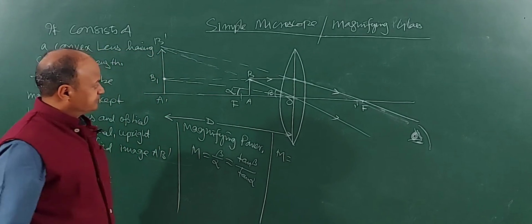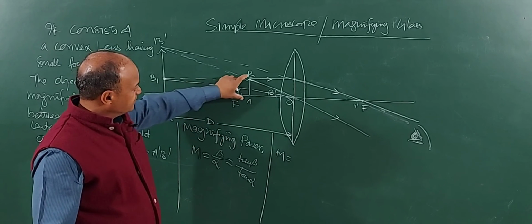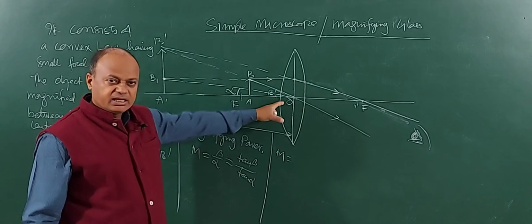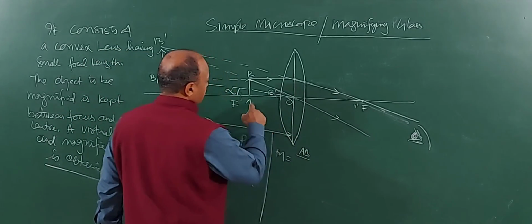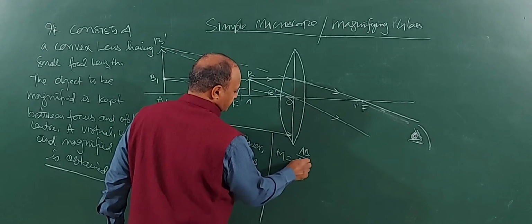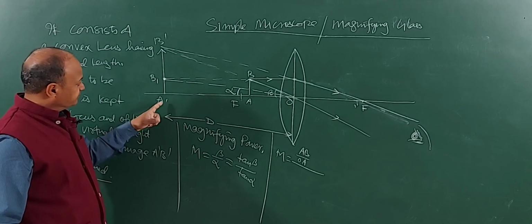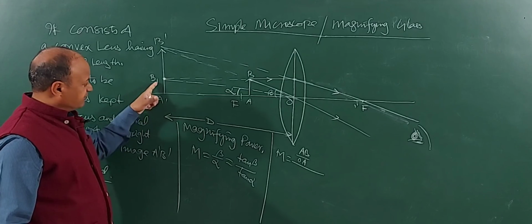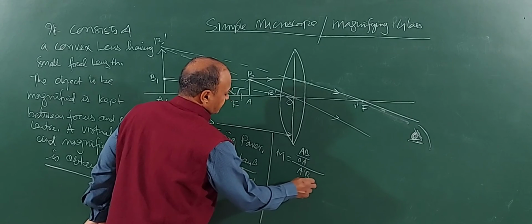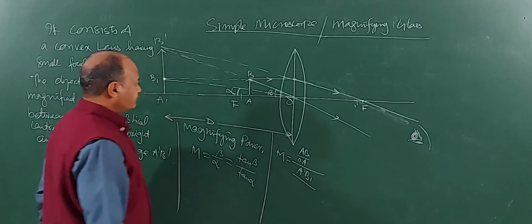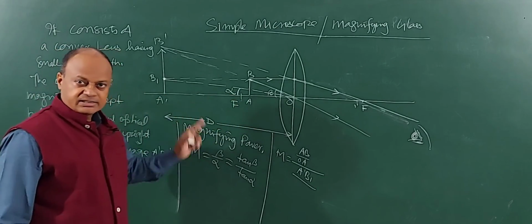Now let's substitute the value, children. How much is tan beta? Tan beta is equal to AB divided by OA. Here AB divided by OA. And how much is tan alpha? Tan alpha is here A dash B1 divided by OA dash.